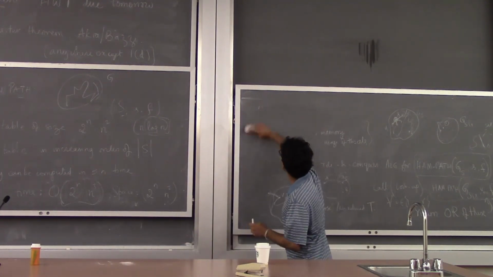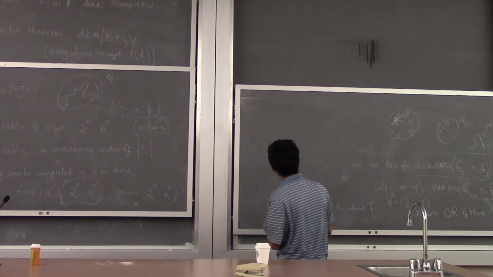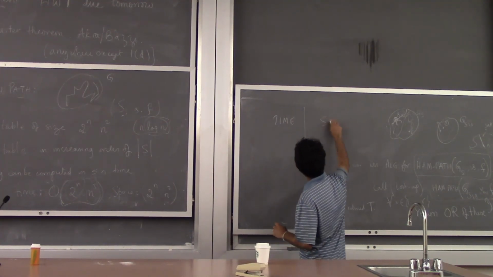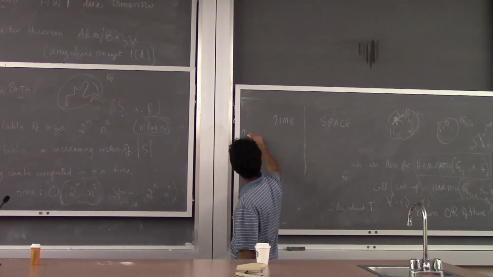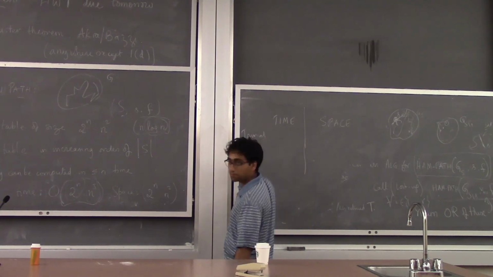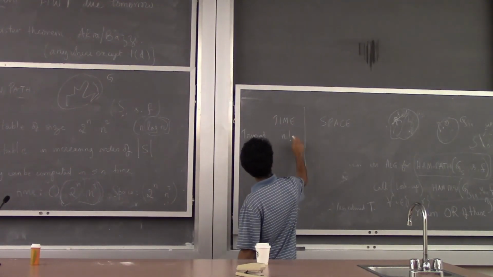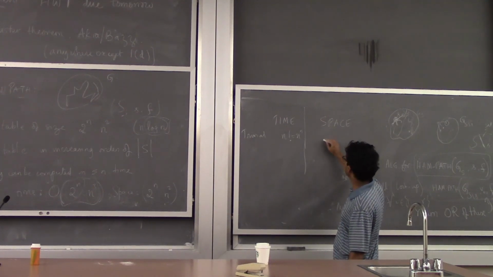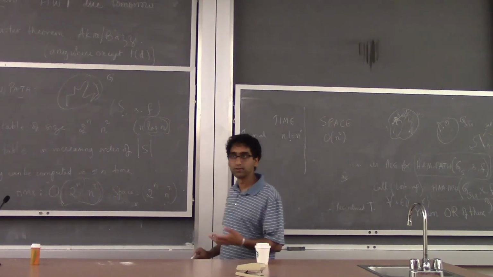If you look at time-space trade-offs, the trivial algorithm that checks every permutation of the vertices has time n factorial, which is like n to the n, and space just linear, O of n squared at most. So space is just polynomial.